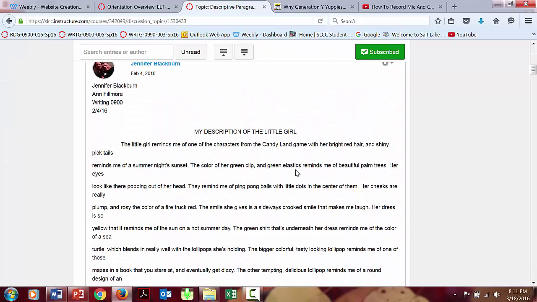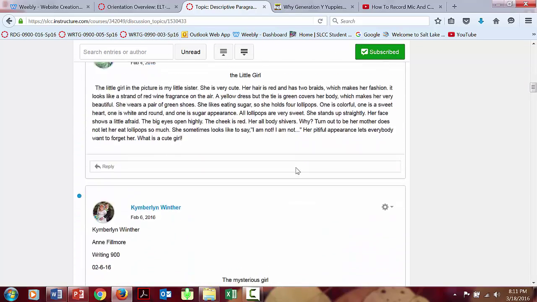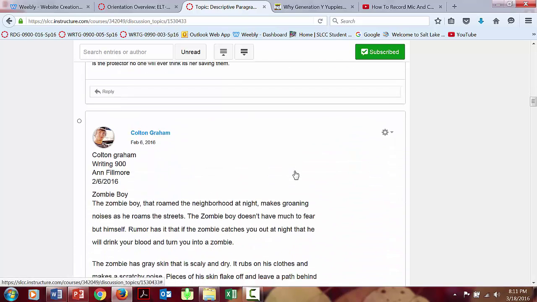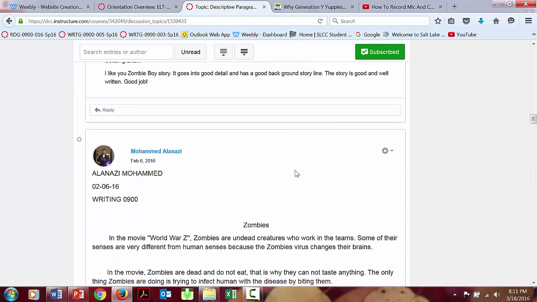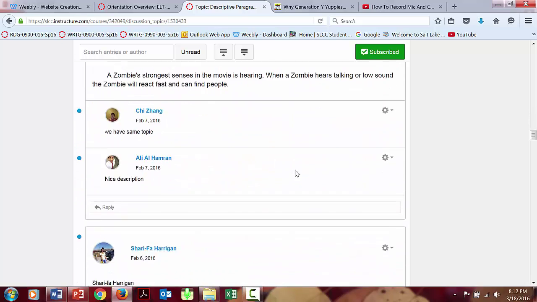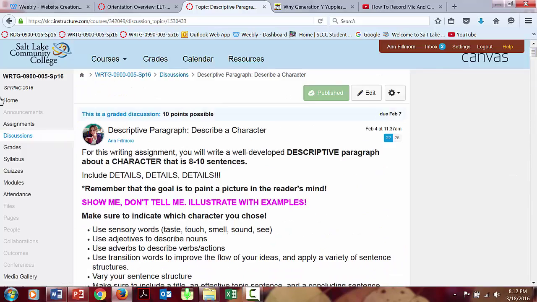They posted them on the discussion board, trying to use sensory language, metaphor, similes, all of those things, just figurative language here. And they responded to each other. So that's kind of fun.